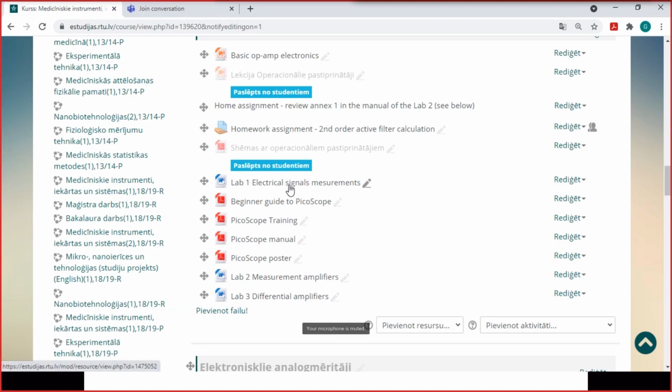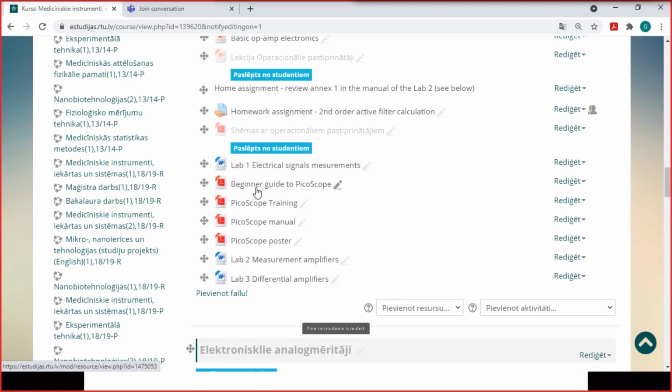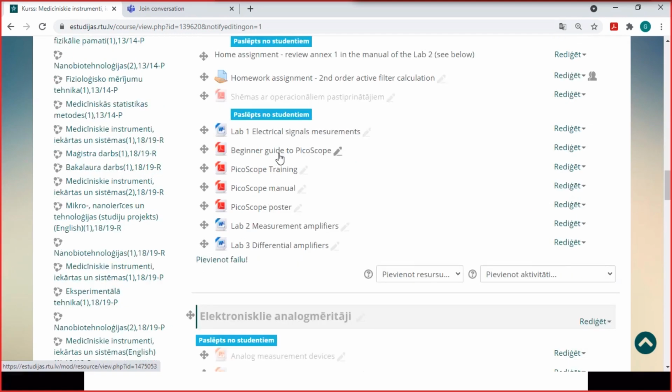Please find the description of the analog oscilloscopes in lab number 1, and read, probably not thoroughly, but just make yourself familiar with the PicoScope, a digital oscilloscope. At least look at the beginner guide and the poster.